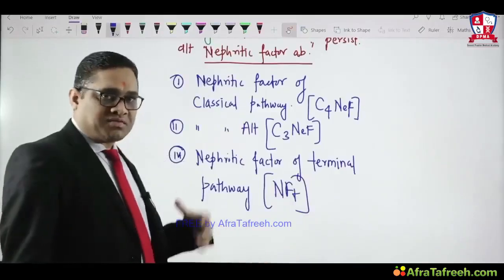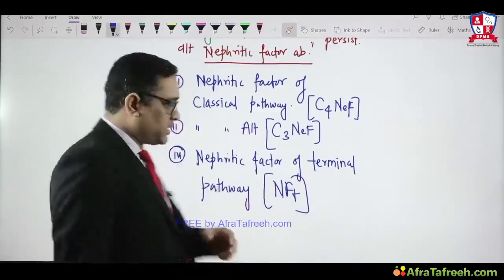These antibodies are associated with the hypocomplementemia seen in MPGN.